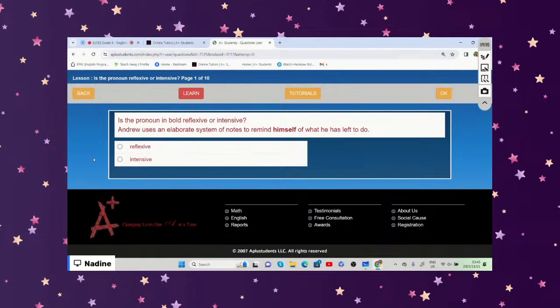In this case, himself refers back to the subject, which is Andrew, because he's reminding himself of what he has to do, not somebody else.